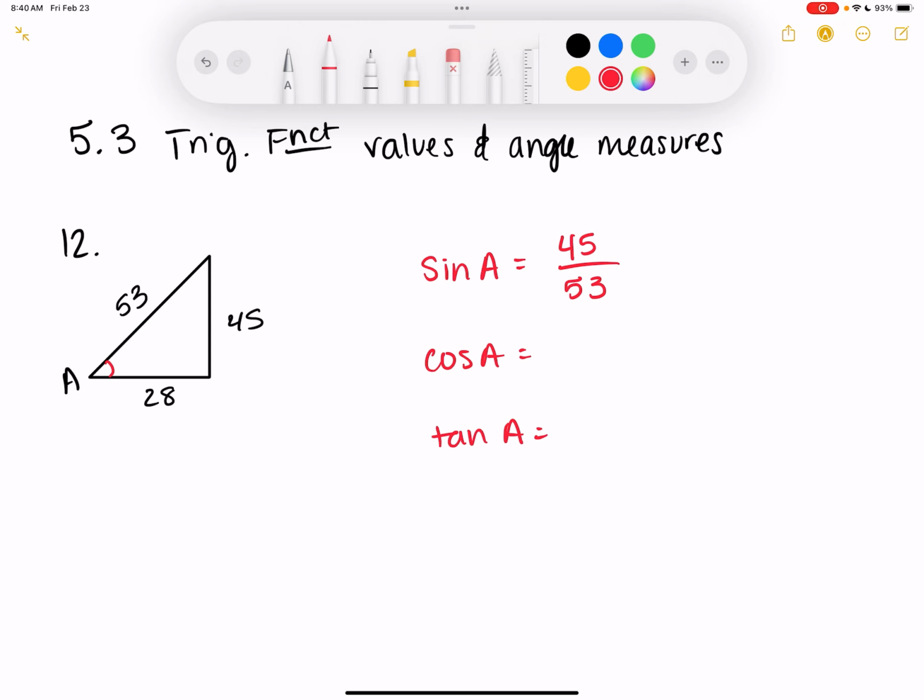Cosine is what? Adjacent over hypotenuse. Adjacent is the one touching it. So 28 over the hypotenuse, 53. And tangent? Opposite over adjacent, so 45 over 28.